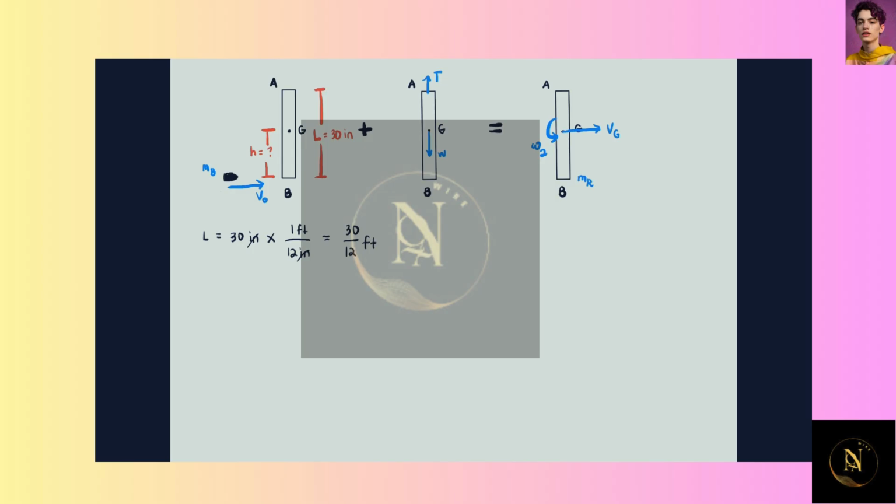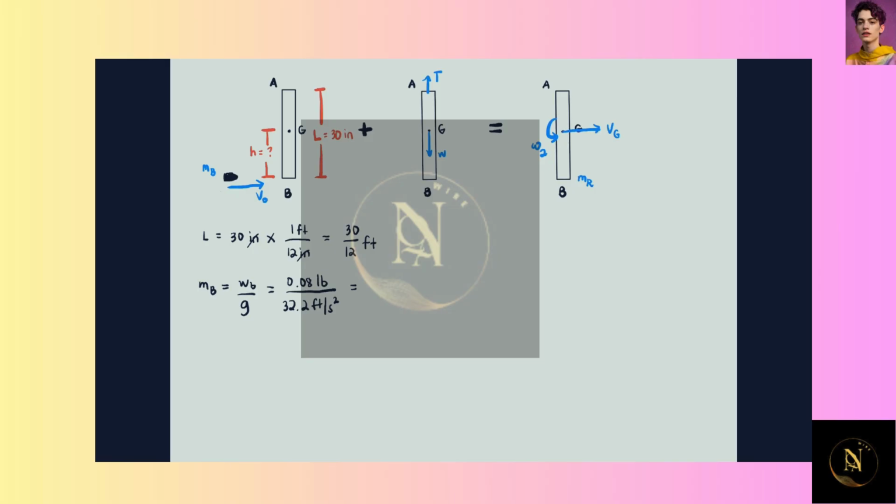Aside from this, we can also calculate the mass of the bullet and the rod from the given weight, because what we'll be needing is the mass, not the weight. For the mass of the bullet, mb is equal to the given weight of the bullet divided by the acceleration due to gravity. That would be 0.08 pound over 32.2, the value of g in feet per second squared.